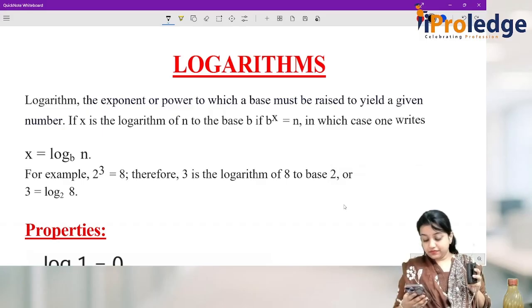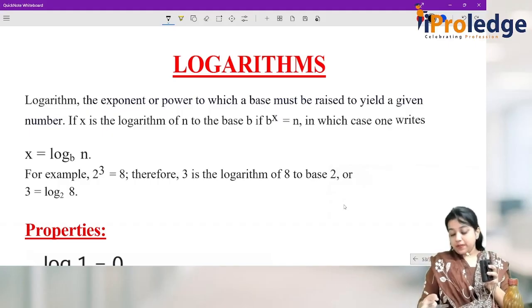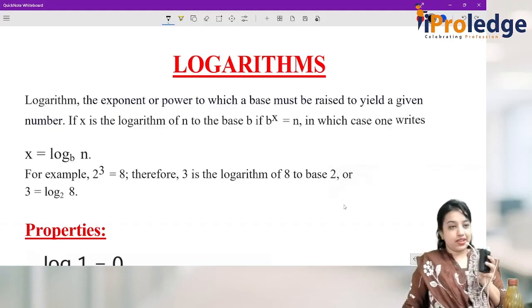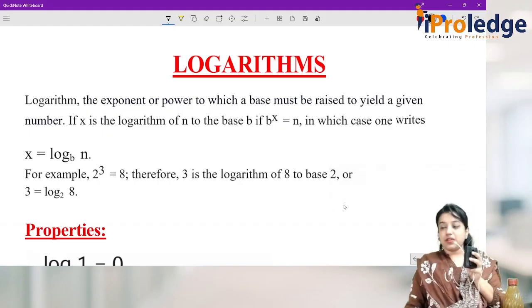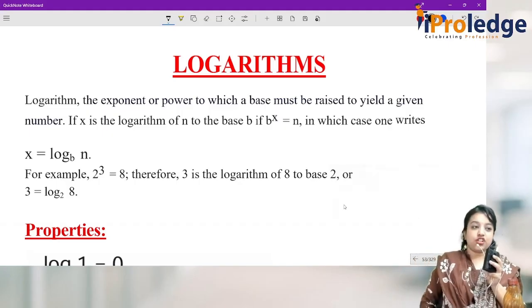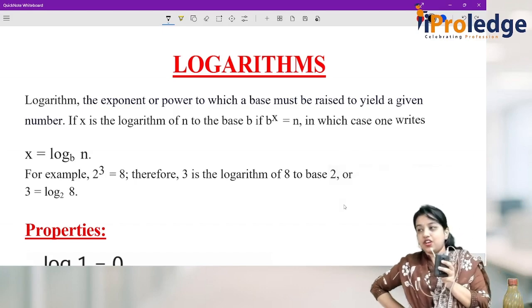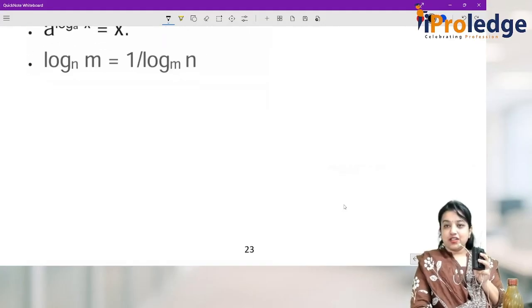Finding the power for the given base to which a base must be raised. So finding the power for the given base to which a base must be raised is called logs. So in logs, a procedure is given.